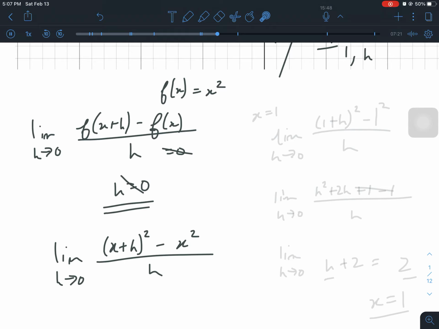And we know x equals 1, right? That's what we're solving for. So, limit, and let's simplify this.